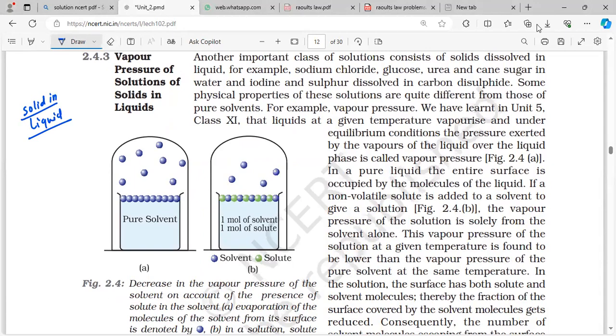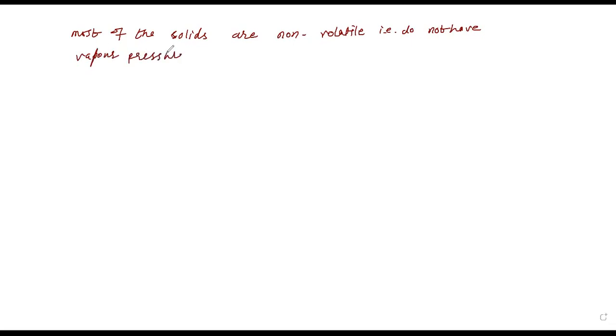Most of the solids are non-volatile. What do you mean by non-volatile? That is, they do not have vapor pressure. In other words, they are not vaporized. Like sugar. Sugar is not going to vaporize. It does not have vapor pressure.